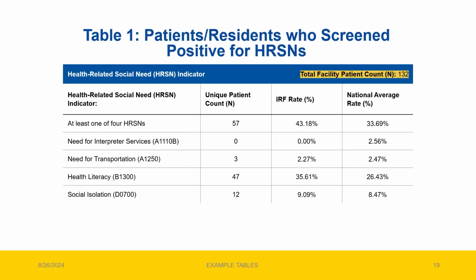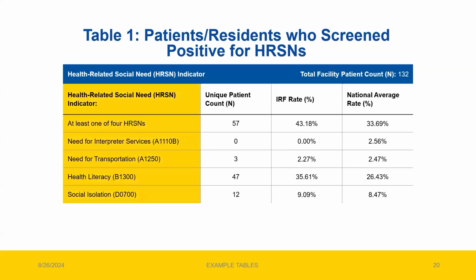First, we can find the facility's total patient count for the defined period in the top right corner of the table. Our sample IRF has 132 patients for the specified 12-month performance period.